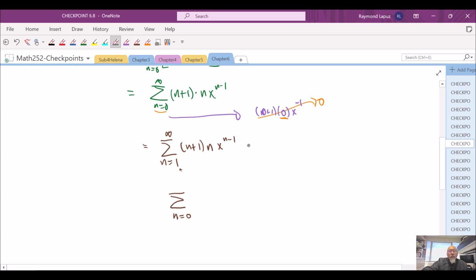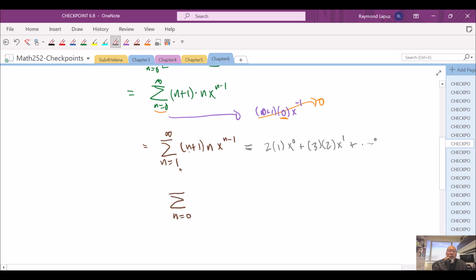To do that, I generally want to check what happens when I put 1 in here, the leading term, and then 2, 3, and see what happens. So if I put 1 in for n, I will get 2 times 1 times x to the 0 power, and I'll not simplify it. I'll just write it kind of raw like that. And then the next term would be 2, so 2 plus 1 is 3, times 2 times x to the 2 minus 1, to the first power, and I'll just put dot dot dot there.